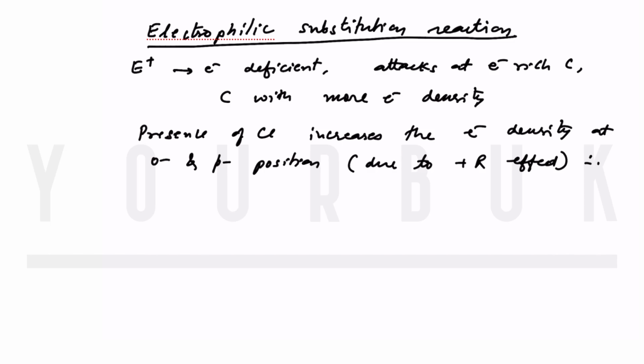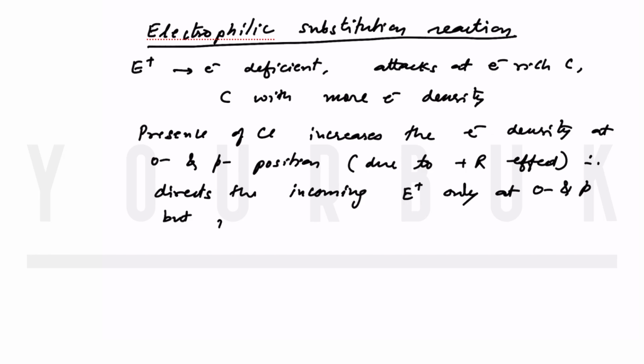So therefore it directs the incoming electrophile only at ortho and para but not at meta, because meta does not have any negative charge.